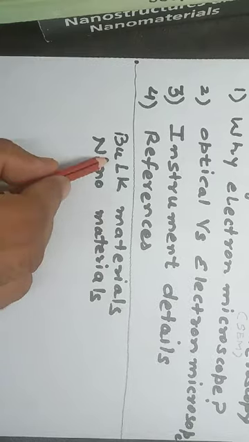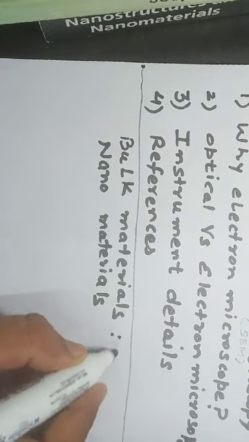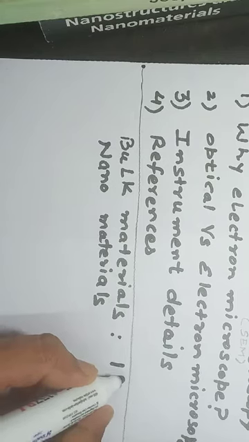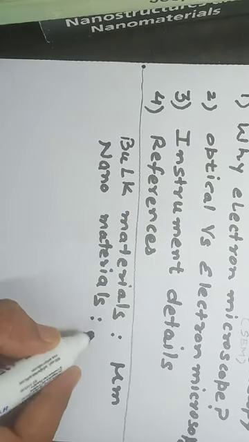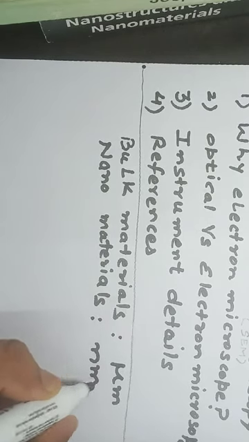of different particles. In the case of bulk materials, the particle size is of the order of micrometer, and in the case of nanoparticles, the particle size is of the order of nanometer.